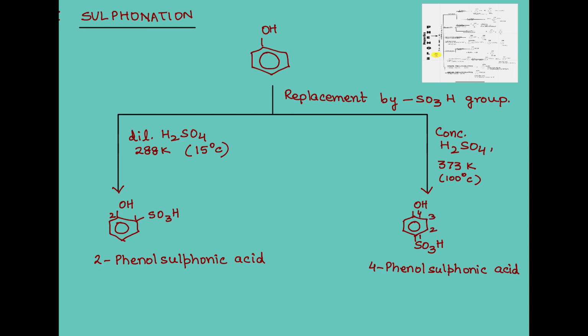So now when your OH is the secondary functional group, how are we going to name it? Go ahead, write the name: 2-hydroxybenzene sulfonic acid. Easy to understand? Yes? Okay. Now go ahead and write the name of the second product yourself.